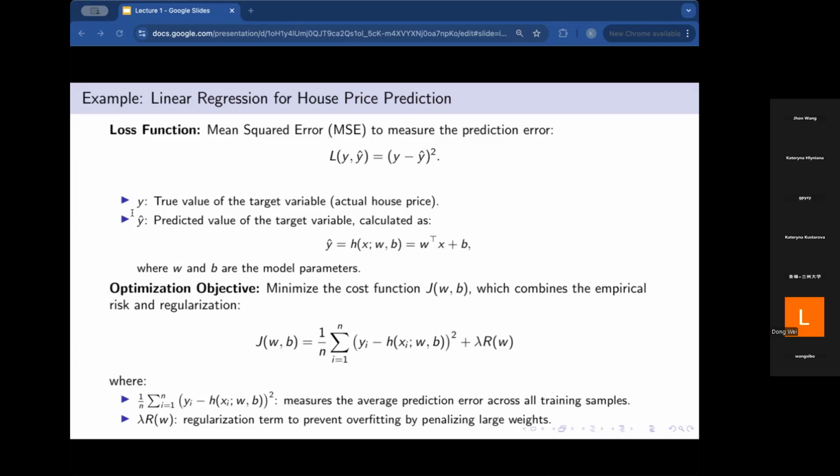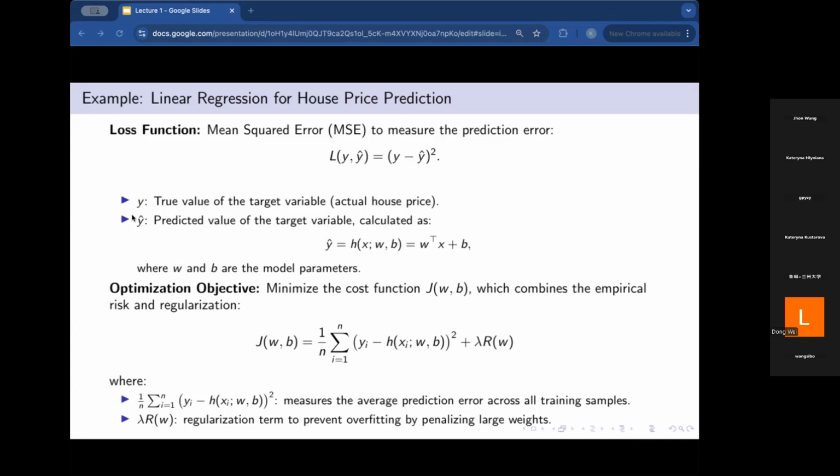In this context, y represents the true value of the target variable, which is the actual house price, and y hat is the predicted value, which we calculate using our model. This is represented as W transpose times X plus B, where W and B are the model parameters.